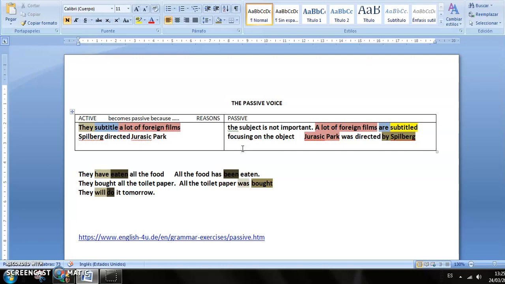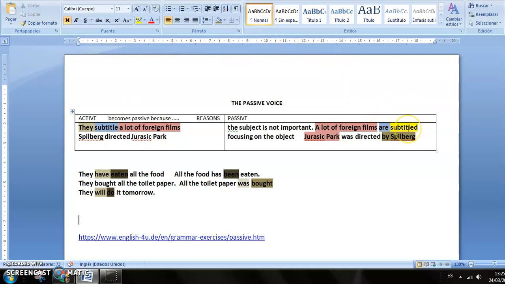So in English, we would say "a lot of foreign films are subtitled." "Muchas películas son subtituladas." And we practically use the same structure in both English and Spanish. We have an active verb, subtitle, that is present simple. And this present simple becomes the present simple of the verb to be in the passive voice.